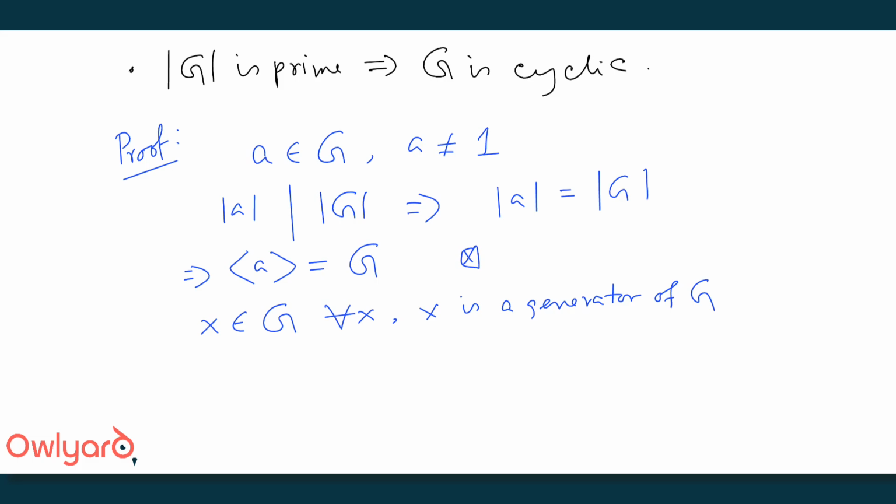Now this is very powerful in the sense that if you look at the order of a group and you identify that it's a prime number, you can immediately understand the internal structure of the group, which is that it's cyclic and generated by any element of the group, right?